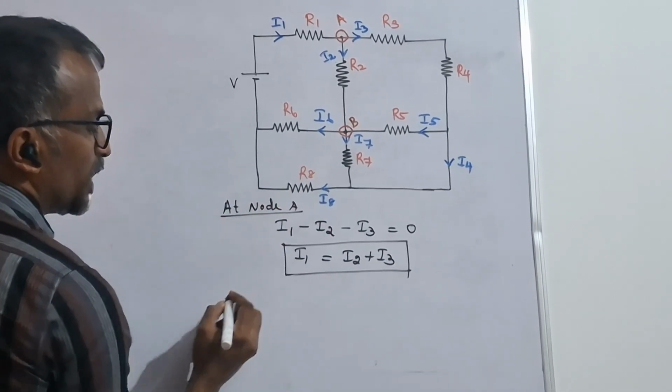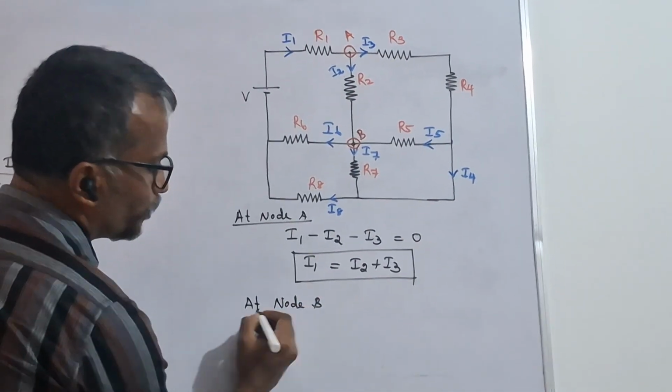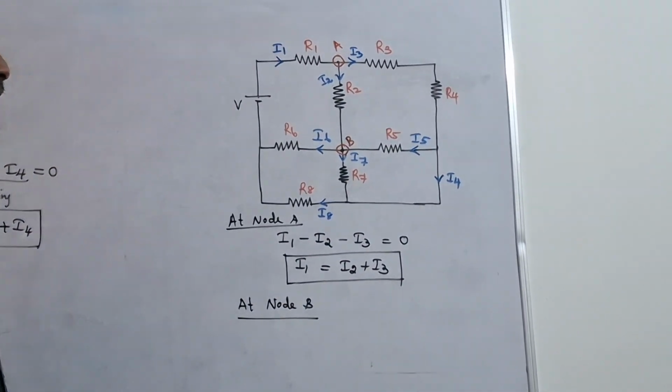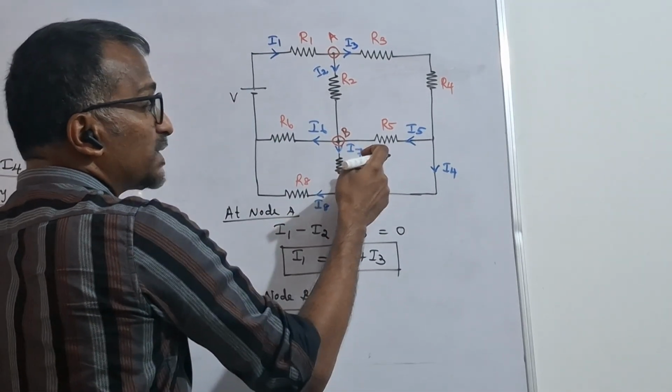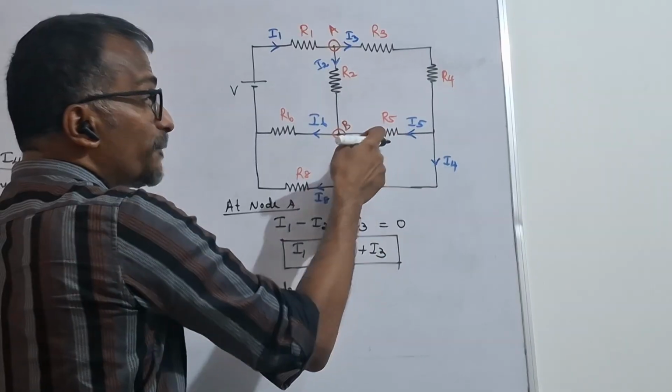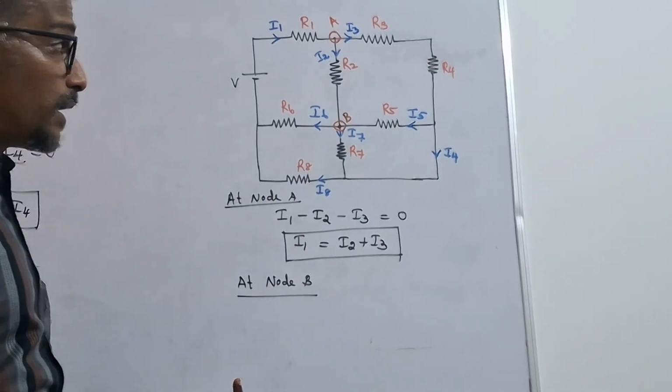Now let us see node B. In this node, I3 is leaving, I7 is also leaving, I5 is entering, I2 is also entering. So can you write it now?